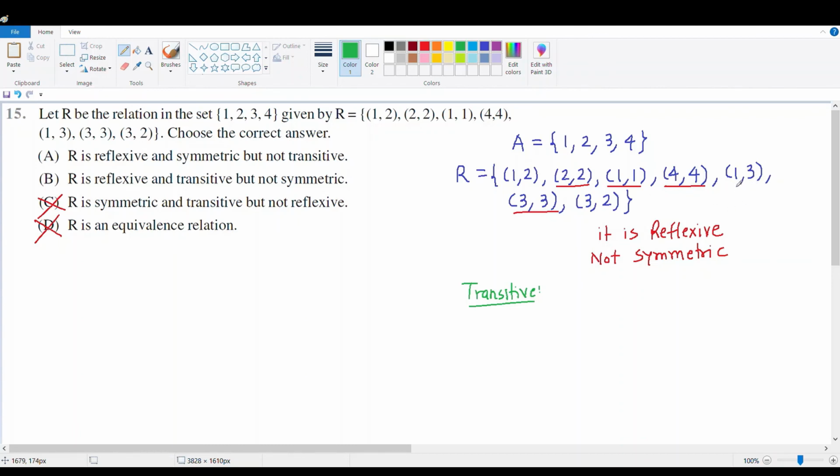Then we got (3, 2) and (2, 2), so we must have (3, 2), which is already okay. So it is transitive. Whichever option says it is reflexive and transitive but not symmetric, that is our answer. Option B is the correct answer.